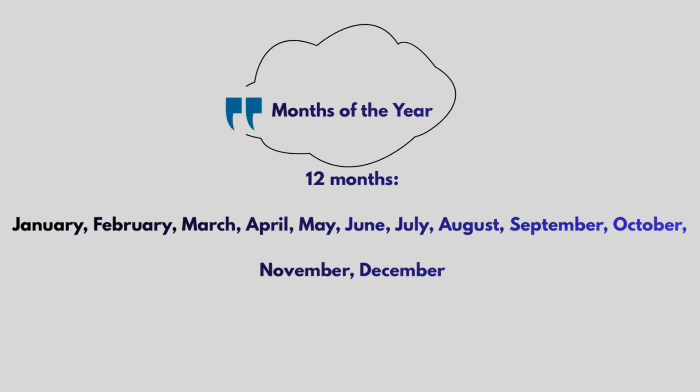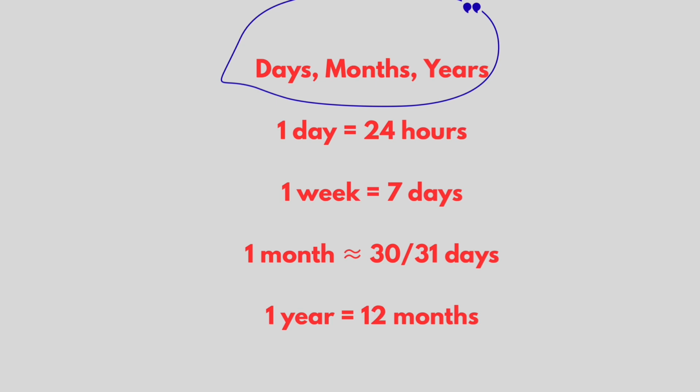Let's see months of the year. We have 12 months in a year. January, February, March, April, May, June, July, August, September, October, November, December. In a day, how many hours? 24 hours. In a week, we have 7 days. In a month, we have 30 or sometimes 31 days. In a year, we have 12 months.